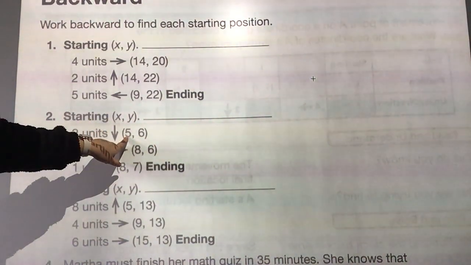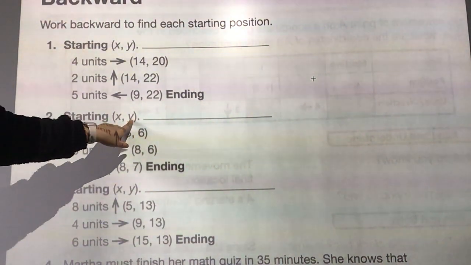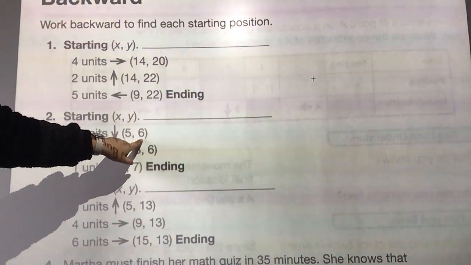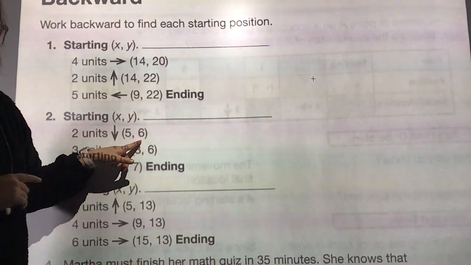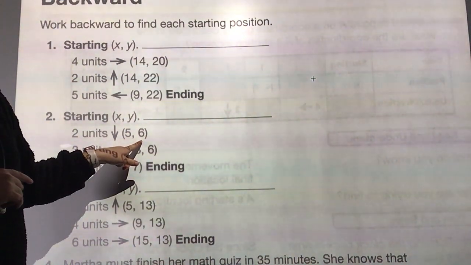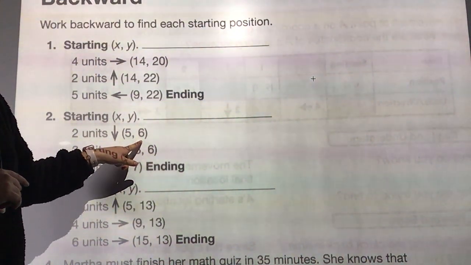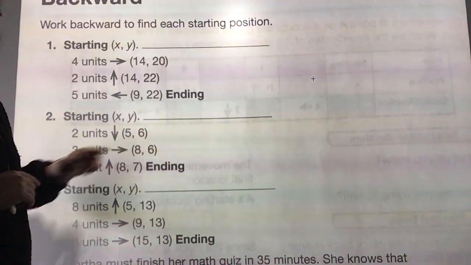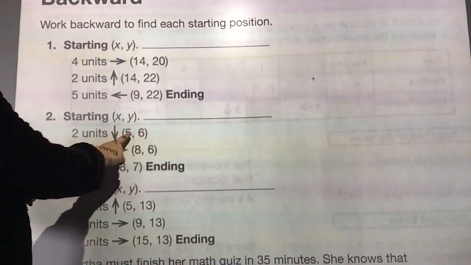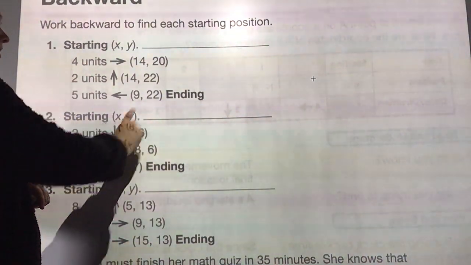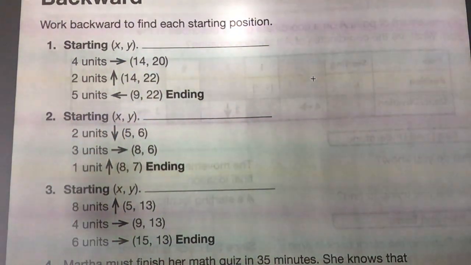Is 5 in the x spot? Look even right here, x, y. The 6 is in the y spot. And I'm going 2 units up. So what do I change that 6 to? I'm changing it to an 8 because I'm going to add 2. So my new ordered pair here is 5, 8.